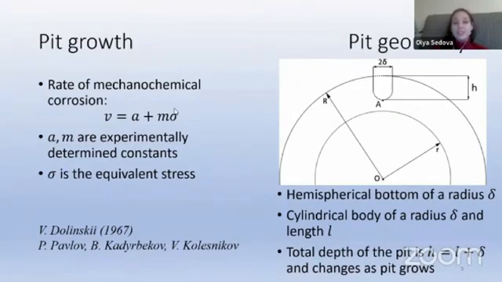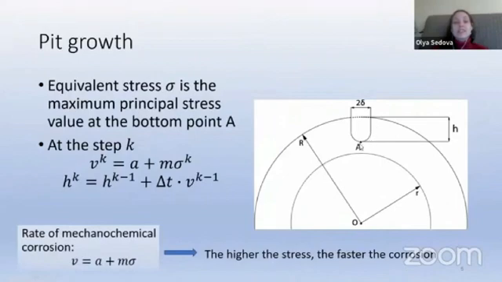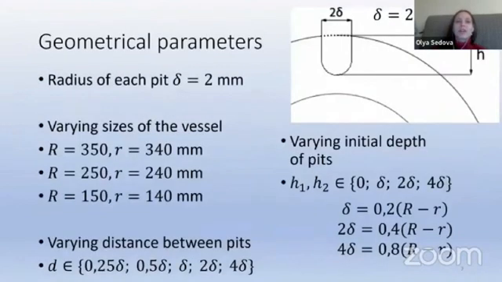The stress here is the stress at the bottom point of the pitting. So the higher the stress at the point A, the faster the corrosion process for this pit. At each step, we can calculate the rate of the corrosion for the pit like this, and recalculate the length of the depth of the pitting.